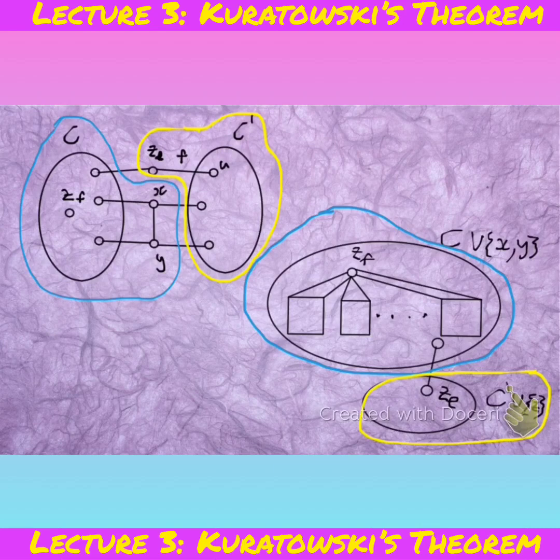What will happen there? Can it disconnect that graph induced by C union X, Y? All right, so let's assume that deleting this vertex Z_F does disconnect it. So you've got these components here. Now the vertices X and Y might lie there, or one of them might be Z_F and the other one lies in one of those components there.